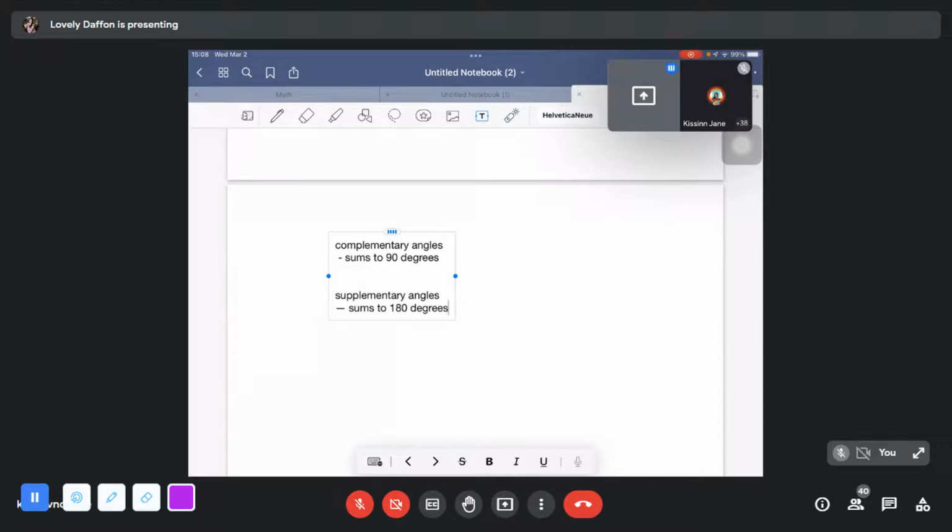I think I have already given this one the last time, when I demonstrated the idea of complementary and supplementary angles. So imagine that you have a protractor. Our question here is, ma'am, why do we always say that a straight line is always 180 degrees?